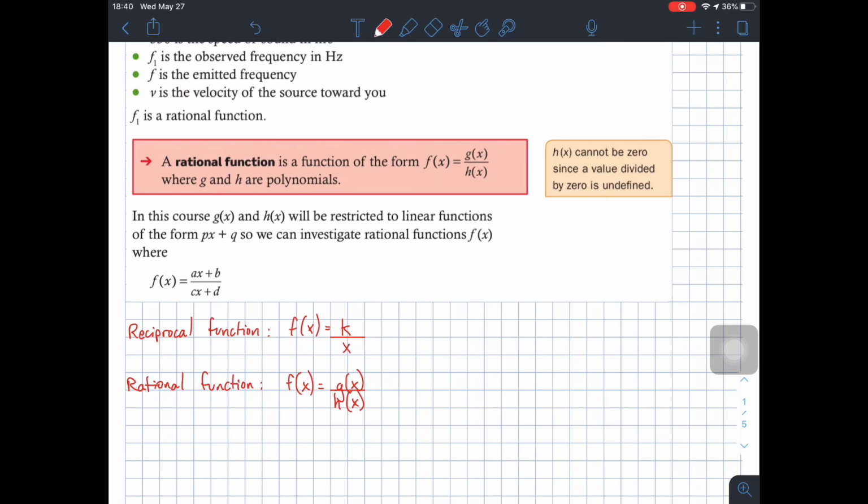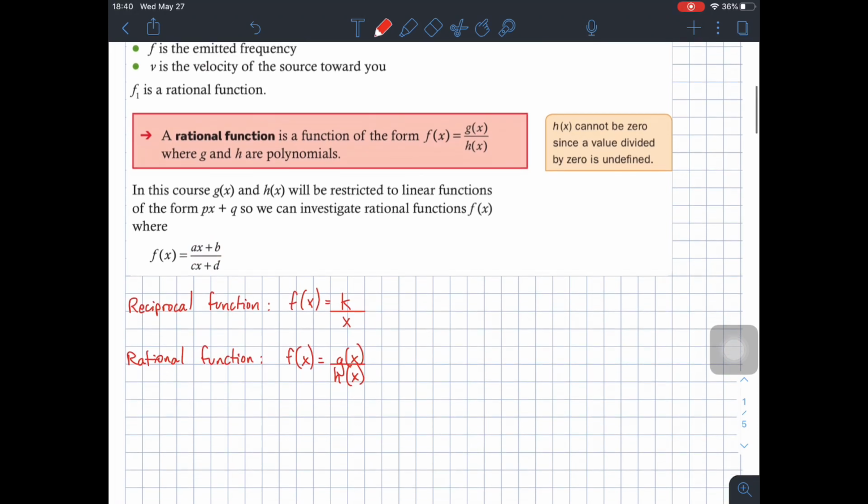Okay, so it says in this course g of x and h of x will be restricted to linear functions of the form px plus q, so we can investigate rational functions f of x in this form: g of x over h of x, where g of x and h of x are both linear functions.